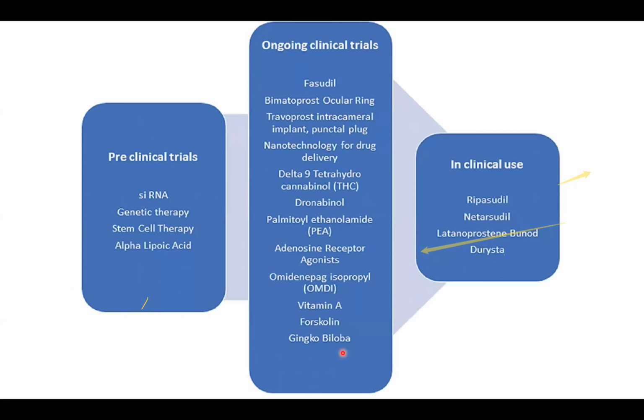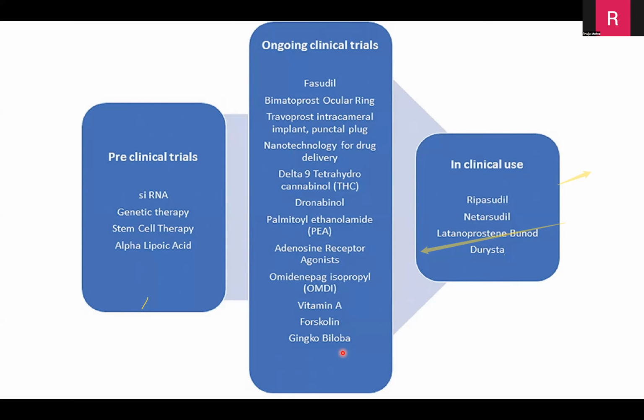So in summary, there was a lot to cover, and I'm sorry it was a bit of a quick summary of each agent, but there are many agents in both the IOP lowering category as well as the neuroprotective category. Some are in their preclinical trial phase, and many are undergoing ongoing clinical trials currently.